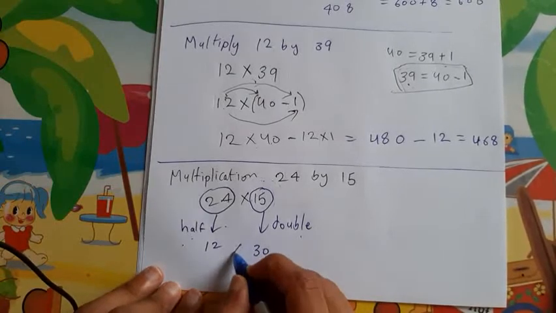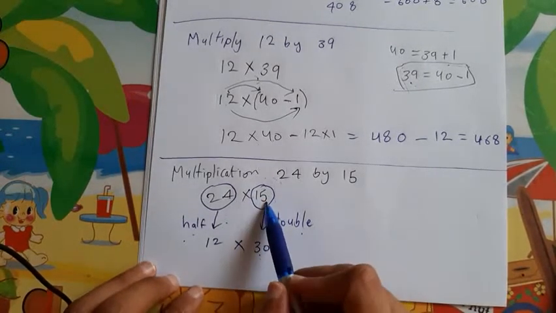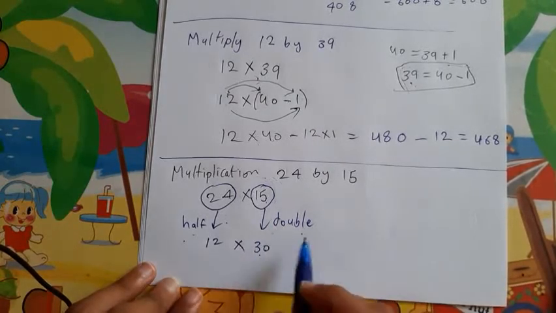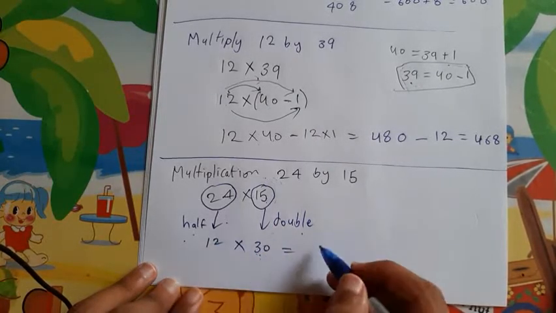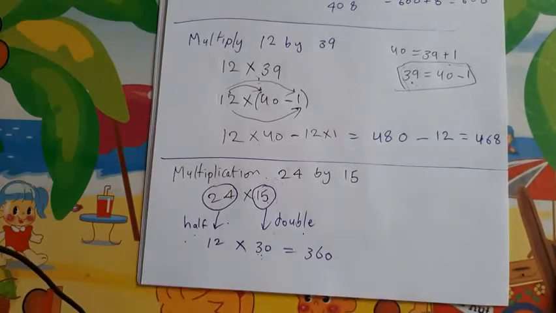So now do the multiplication. Why did I do that? Because dealing with 30 is easier than dealing with 15. So it's going to be 3 times 2 is 6, 3 times 1 is 3, and the 0. This is the final answer.